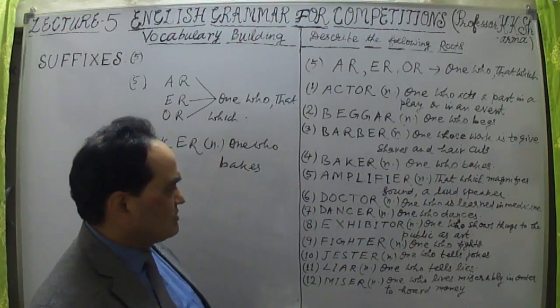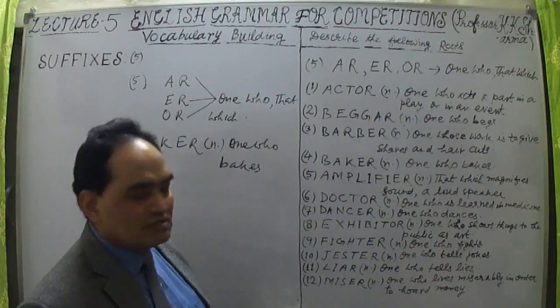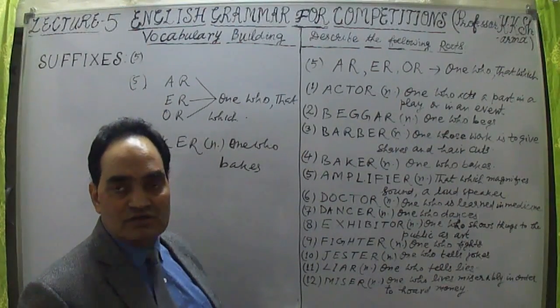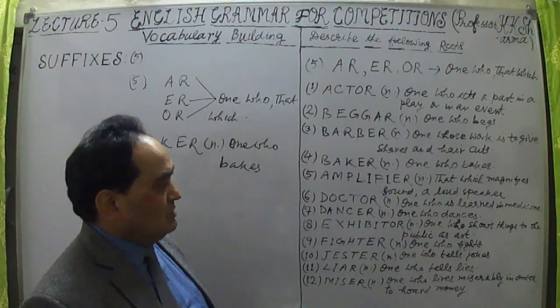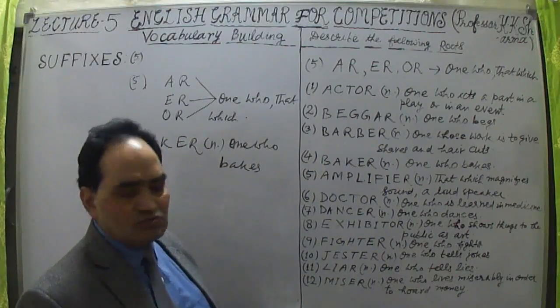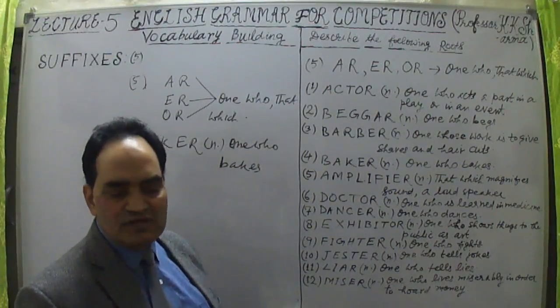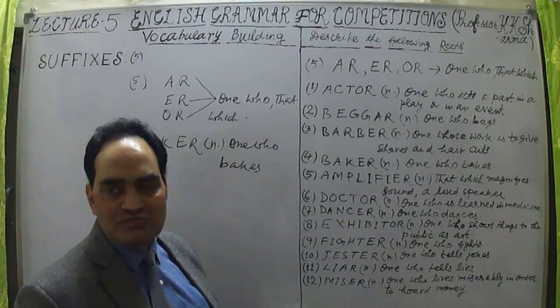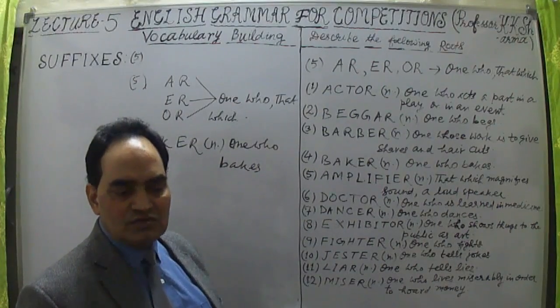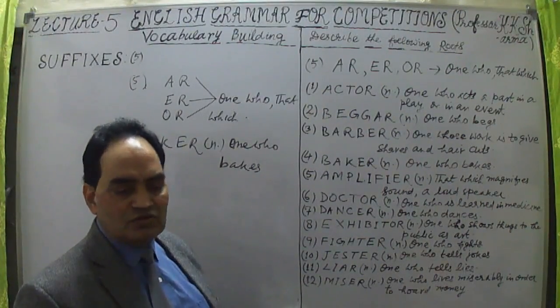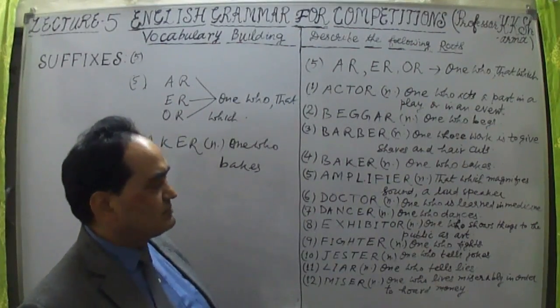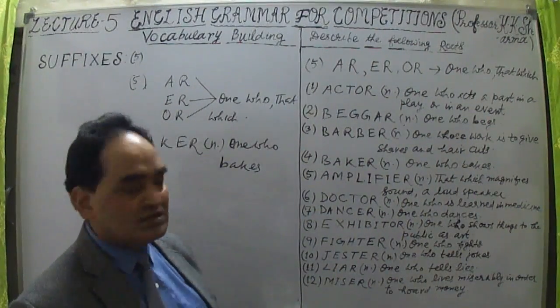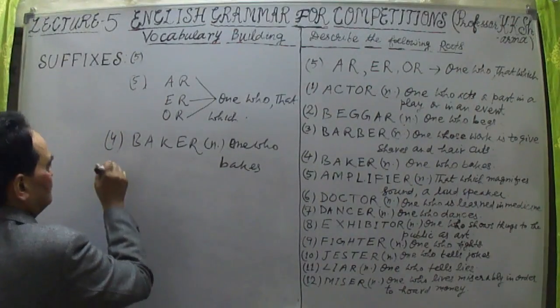Just like in a bakery, the baker is one who bakes, whose work is making or baking different kinds of items, food items mostly, like biscuits, snacks, etc. The person who bakes, that is the baker. Alright, this is the fourth word.